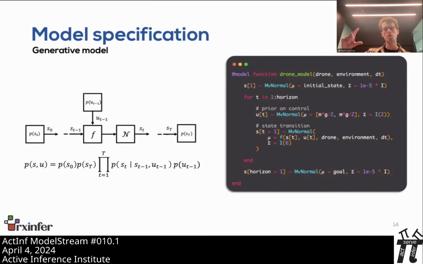Then inside this for loop, we're going to basically unroll this middle segment of the generative model. We're going to create a prior on the control, so on this U of T, and we're going to put there also a multivariate normal, because that's nice to work with, whose mean is the mass times gravitational constant divided by 2, as a vector of 2.